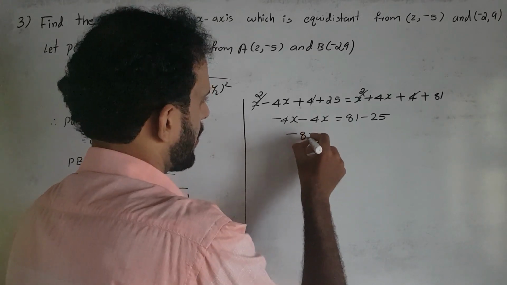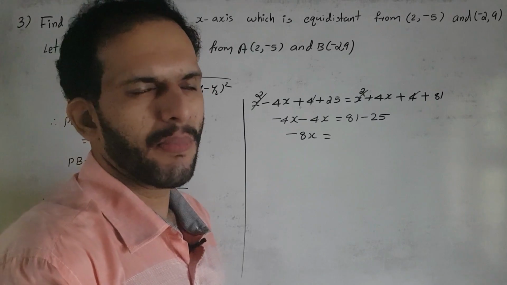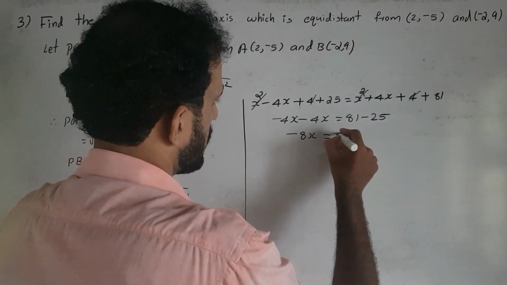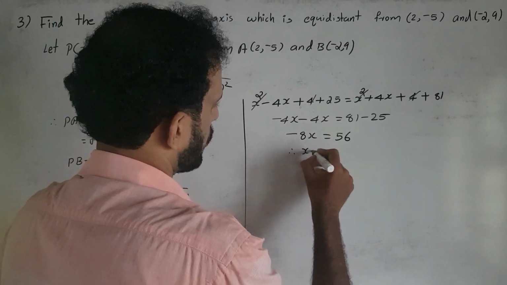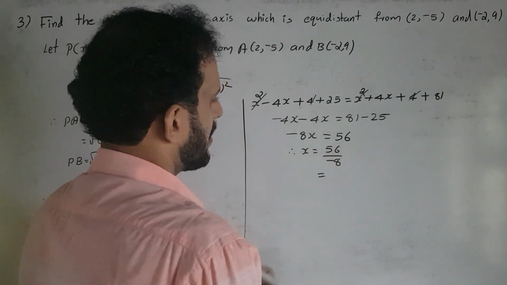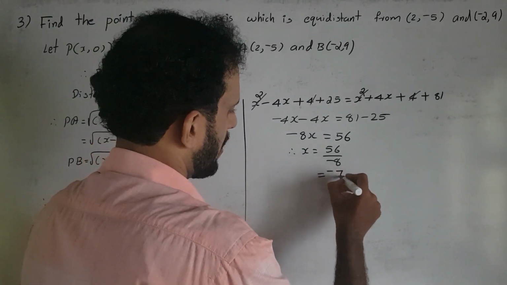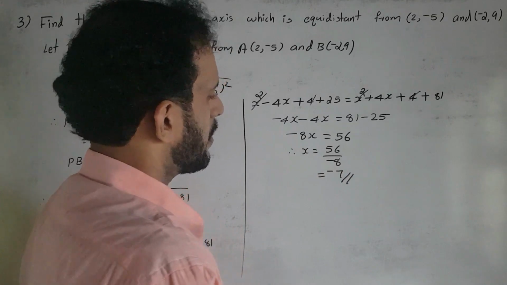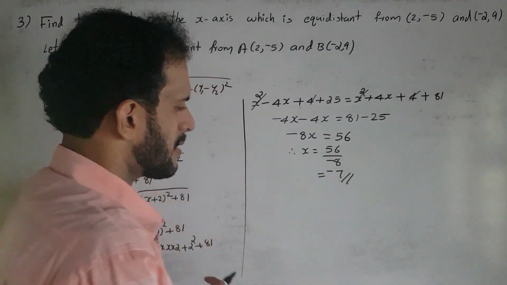Minus 8x. 81 minus 25, what is 81 minus 25? It is 56. Therefore, x is equal to 56 divided by minus 8, and that is equal to minus 7. Correct? Then what is the value of x? The value of x is equal to minus 7.